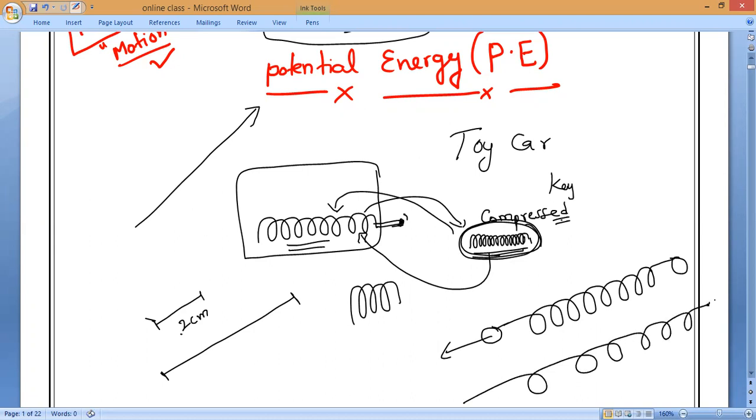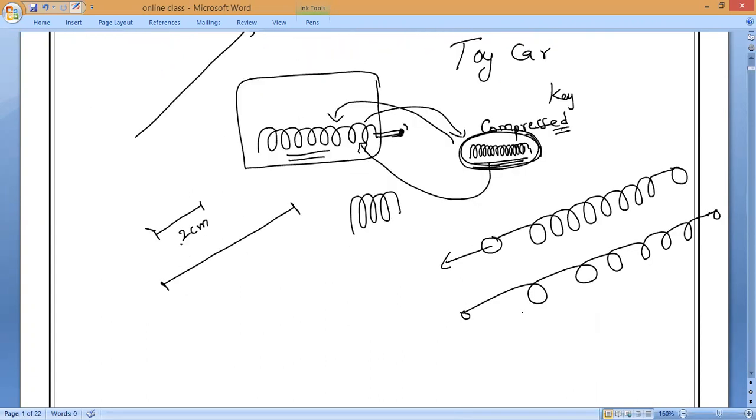Now, if both of them try to leave it at a time, what will happen? The spring will again compress. Have you noticed the spring will fly away and get back to its original position? Have you noticed it, everybody? So that is what is happening.